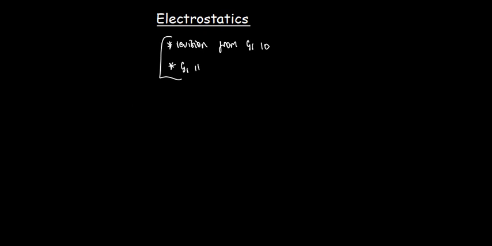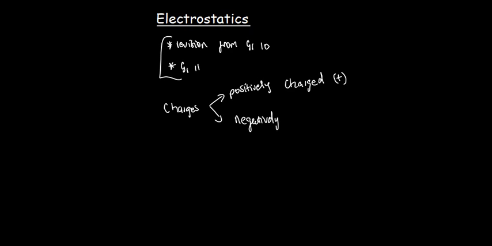Okay, so in terms of electrostatics, what we are discussing there is charges. We are talking about charges in most cases. Now, what is a charge? Something can be positively charged, which is usually represented by the symbol plus, and something can be negatively charged, which is usually represented by the symbol negative, to denote that it is a negatively charged object.